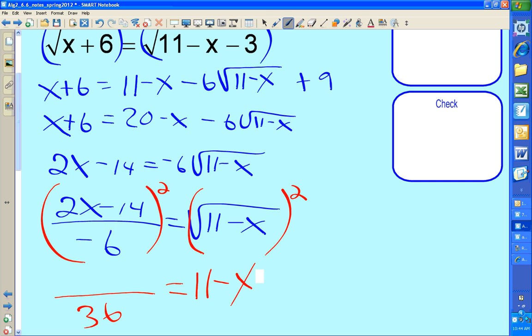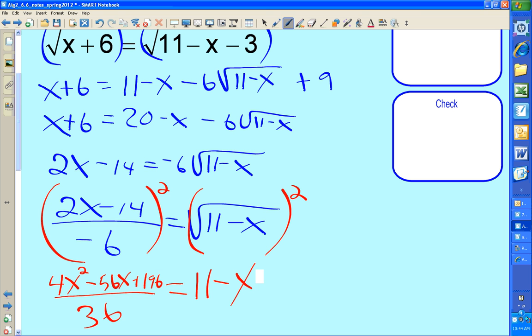On the top, we have a binomial that we need to square. So we square the first, we multiply these together and double it, minus 56x, and we square the 14, and we're going to get 196.